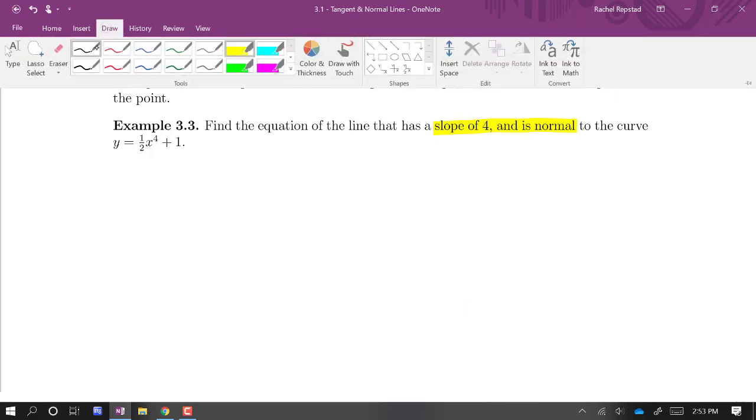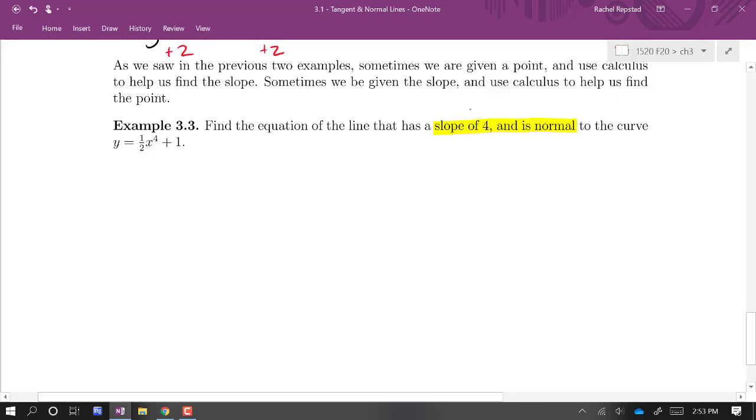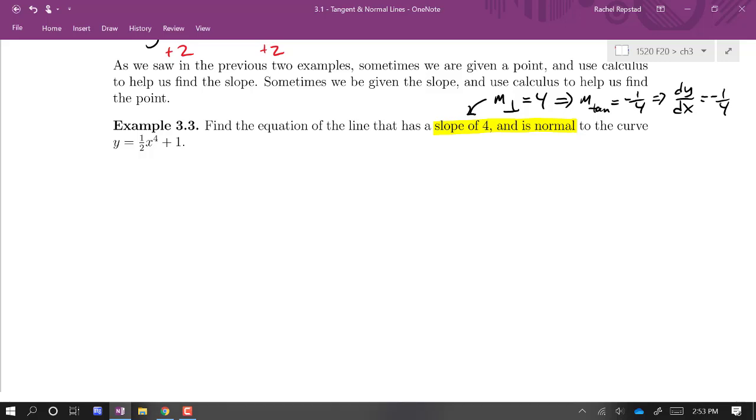They're telling us that the normal slope is equal to 4, and so of course we know that means that the tangent slope is equal to negative 1/4. And that means that dy/dx, the derivative, is equal to negative 1/4. We know that at whatever point we're interested in, the derivative is equal to negative 1/4, and we're going to use that to find the point that we need, right?